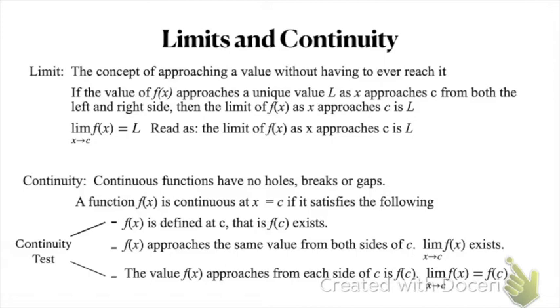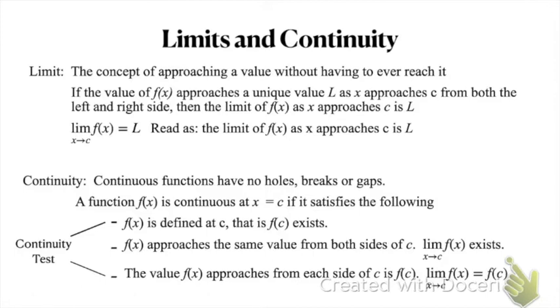A function f of x is continuous at x equals c for some value of c if it satisfies the following conditions. When you plug in that value of c into f of x, f of c exists. You can actually get a value back when you plug c in. F of x approaches the same value from both sides of c.